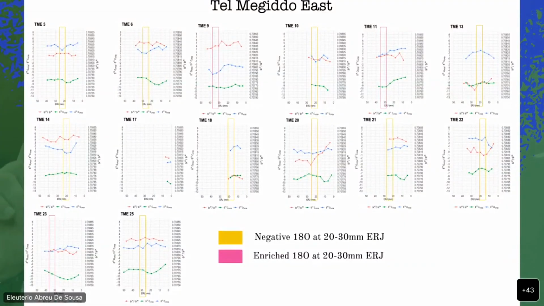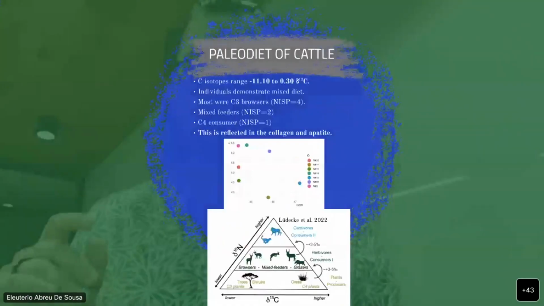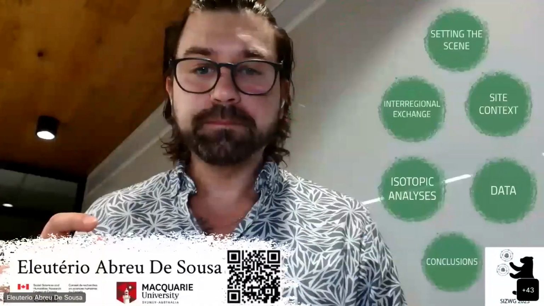In the top left-hand corner, you have TME5 in one region during the dry season, and in a very different region during the wet season. So in some individuals, you do see it, but you don't see that throughout all individuals for all seasons. Great, thanks very much.